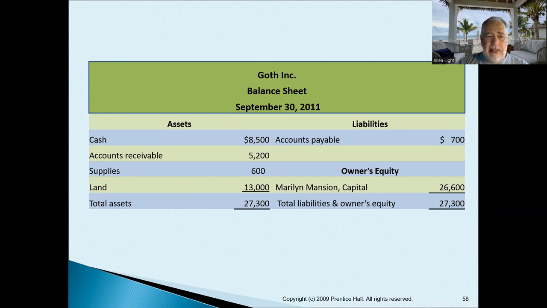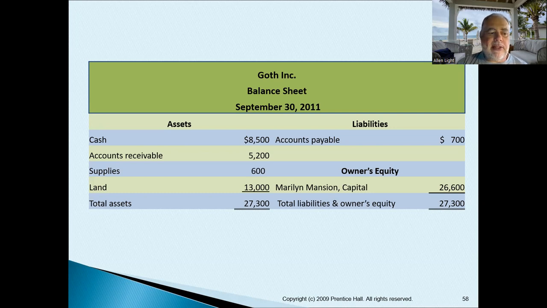In some cases, you'll see them top and bottom. So assets will be at the top, and then down here underneath, you'll have liabilities, and after that, owner's equity. Okay. Now, as far as the order of things, if you'll notice, cash was first, accounts receivable second, supplies, land, total assets. These things are in a specific order.